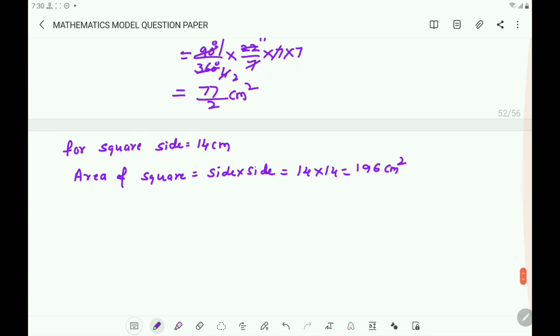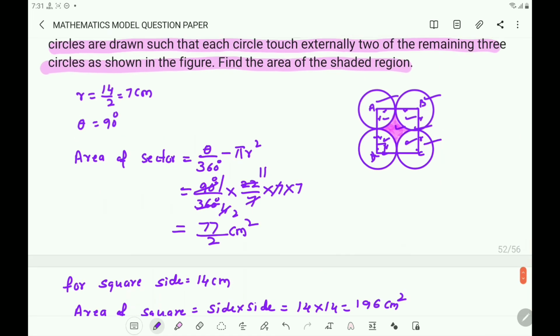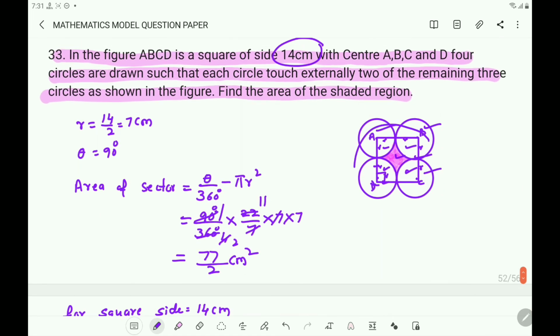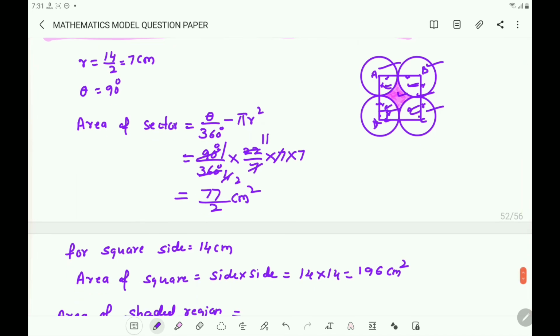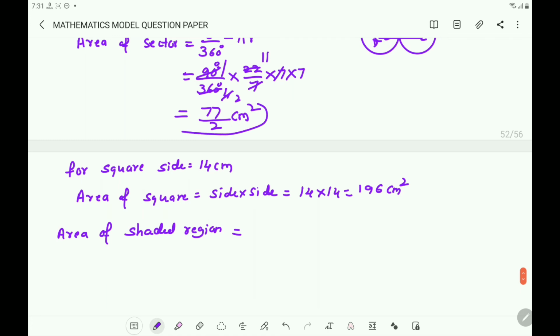Then area of shaded region equals, what is the area of the shaded region? Area of this whole square minus the area of 4 sectors. Here you got the area of one sector, that is 77 by 2, that is to be multiplied by 4.